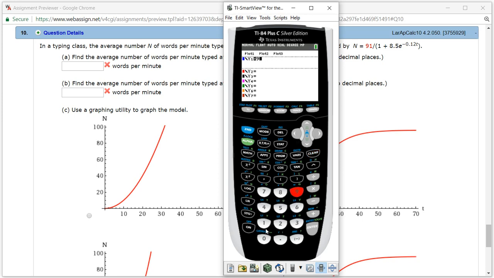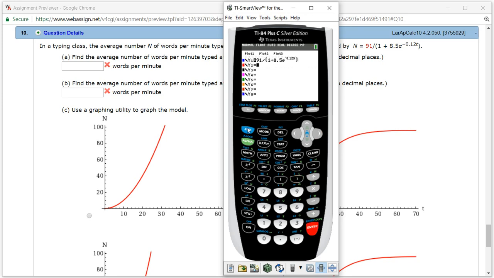So you have 91 divided by, in parentheses, 1 plus 8.5 e to the negative 0.12, and we're going to use x instead of t. Then close the parenthesis and hit enter.